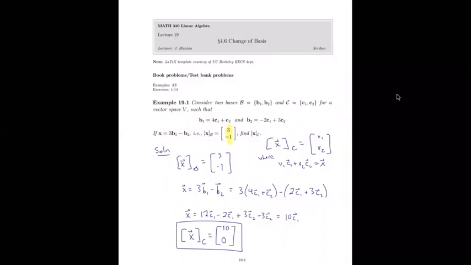So remember that the weights in this linear combination of the basis vectors is what makes up the coordinates of that vector under that coordinate basis. So now the question is, they want us to find this vector x in the C coordinate basis, or the C basis coordinates. So we need to translate from B coordinates to C coordinates, and we know our B coordinates as follows. Well, this actually follows somewhat straightforward.